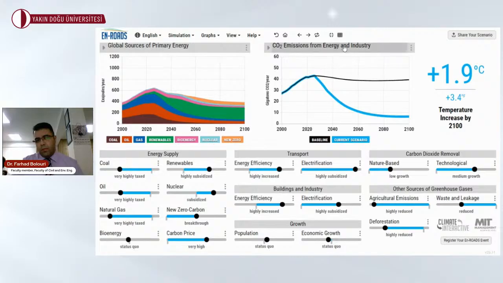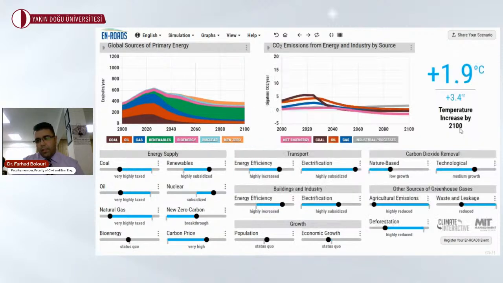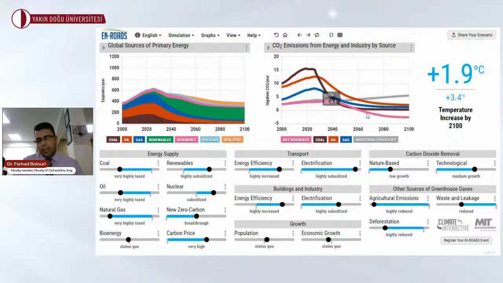As you see, for example, here, energy and industry. You can see this one, the middle one more, and the other ones. For example, you have industry by sources and the other things. And in all of them, as I said, economic growth and population are so important. As you know, we couldn't stop population. It will become more by 2100, we are sure.